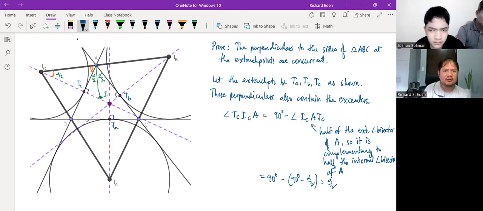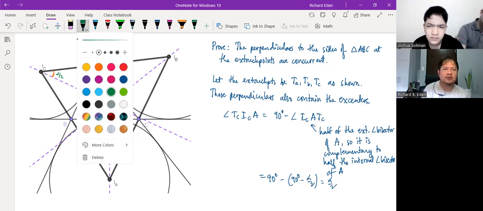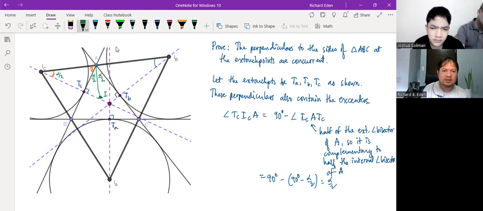If that is alpha over 2, then this is also alpha over 2. This would be beta over 2, and this is beta over 2, and this is gamma over 2, and then gamma over 2. This angle is alpha over 2, tied up with A, so its opposite is also alpha over 2.